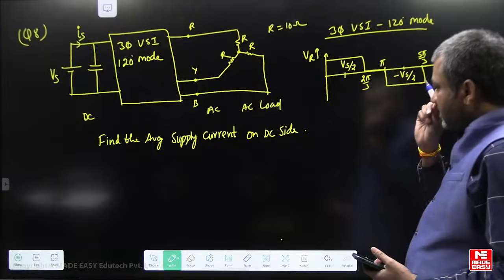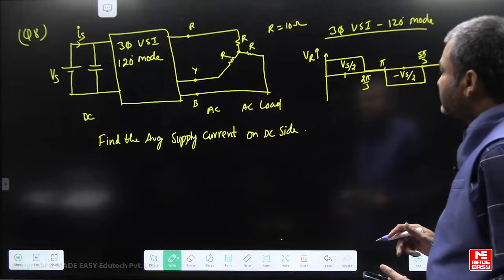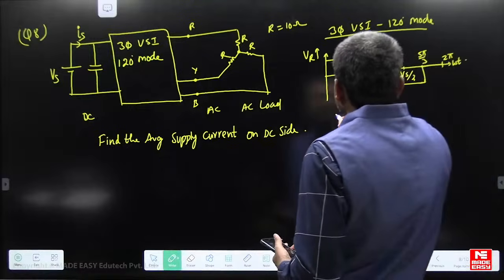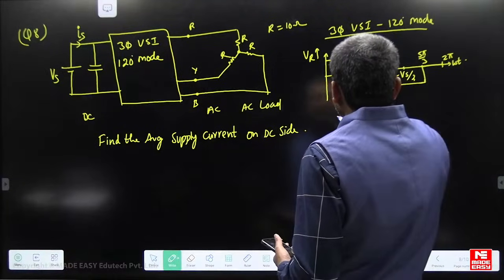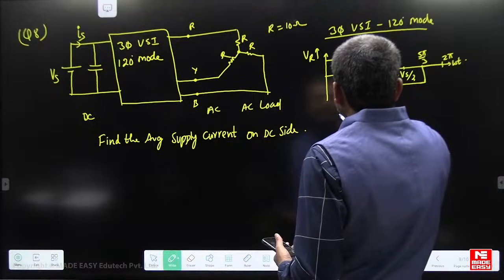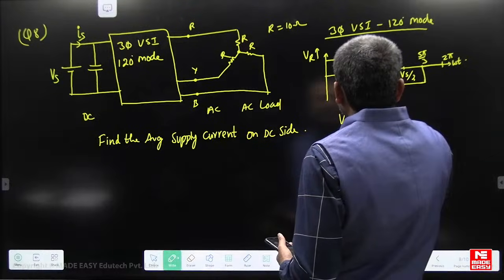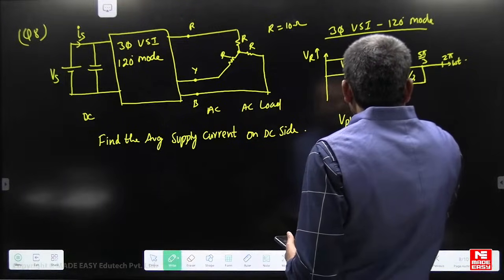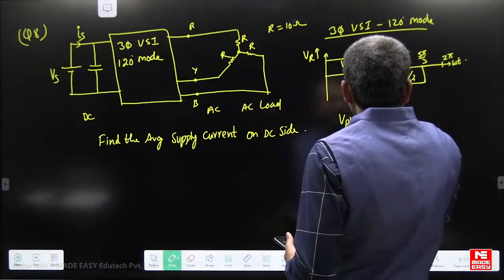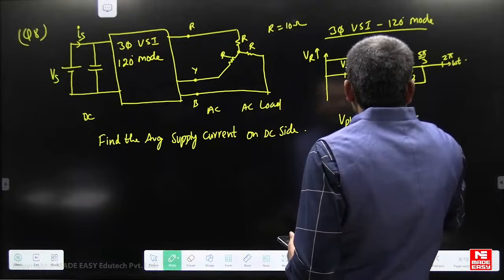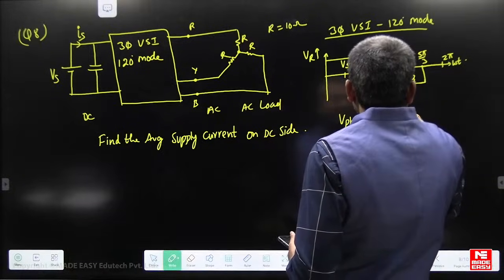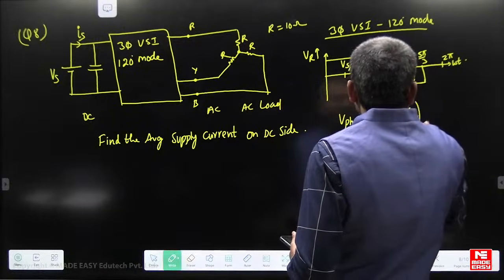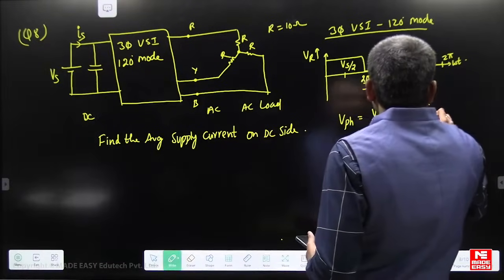We have to find out the average supply current. First of all, what is the phase voltage RMS? Phase voltage RMS, if we calculate, magnitude is Vs by 2 volts. Out of pi radians, the pulse width of the quasi square wave is 2 pi by 3, whole power 1 by 2.